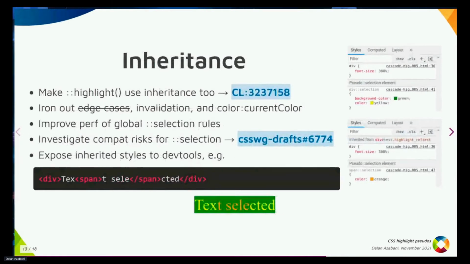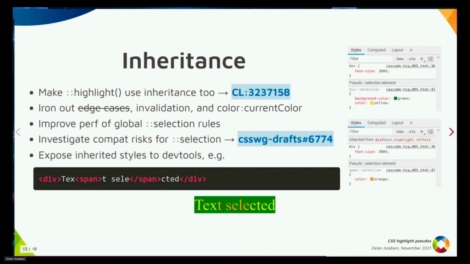For highlight inheritance, there's a whole bunch of work that still needs to be done, but the biggest ones are to make custom highlights use this new system, because currently custom highlights still inherit their styles from the originating element. Fernando from Microsoft has got a CL up for that.